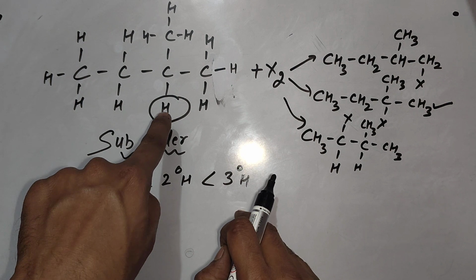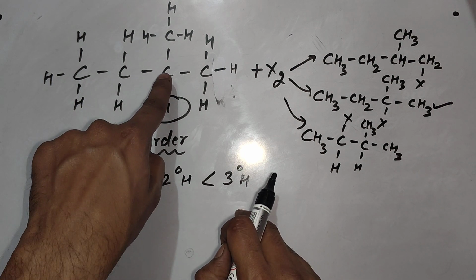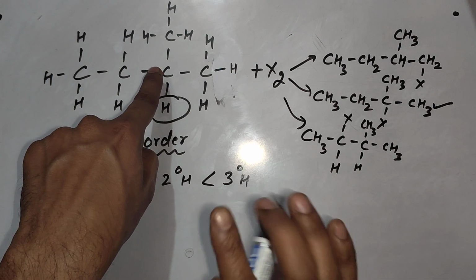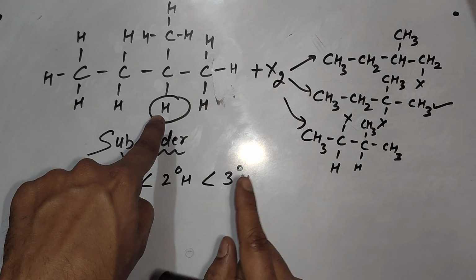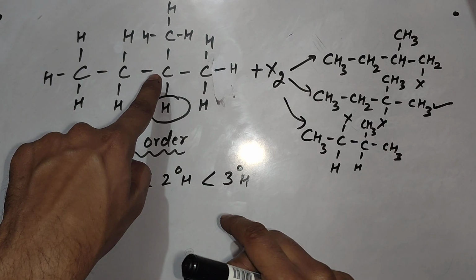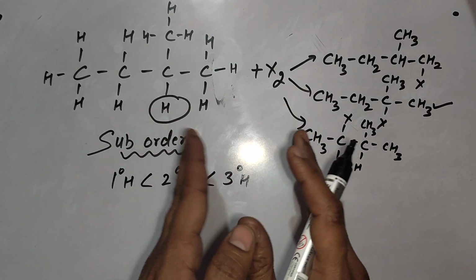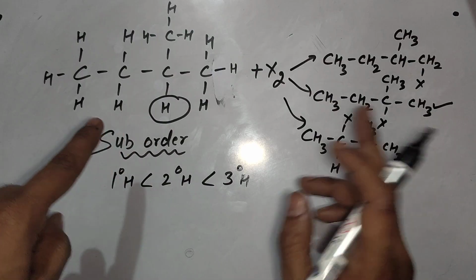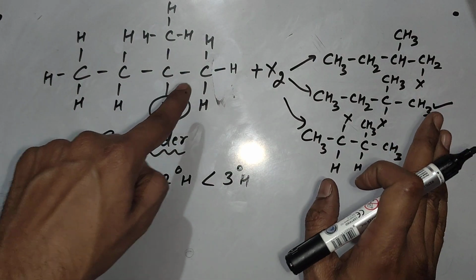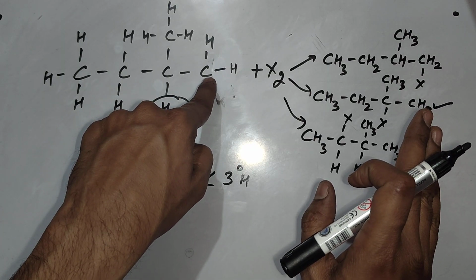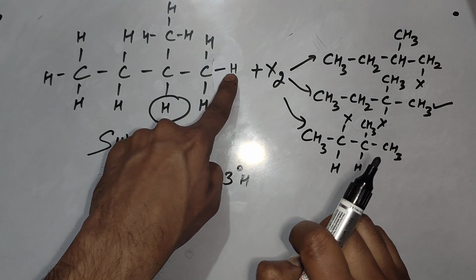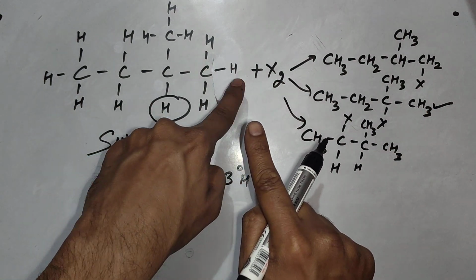When the 3 degree hydrogen was getting substituted, a 3 degree carbon free radical was generated during the mechanism, which makes this hydrogen be substituted very easily, because 3 degree carbon free radicals are the most stable carbon free radicals among all, followed by 2 degree, which is this, and the least stable 1 degree carbon free radicals will be generated by the substitution of this hydrogen. So that's why the reaction is preferring very little substitution of this type of hydrogen, 1 degree hydrogens.